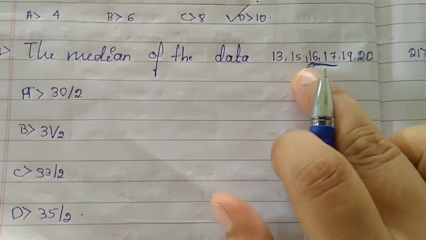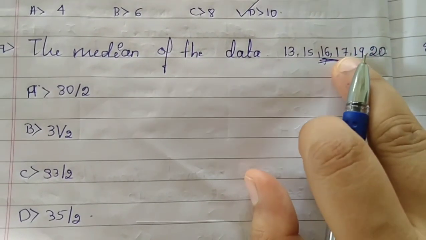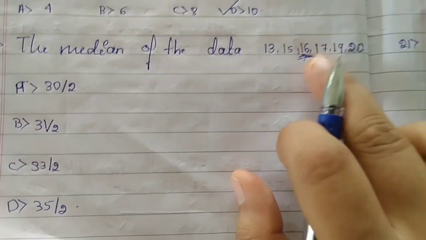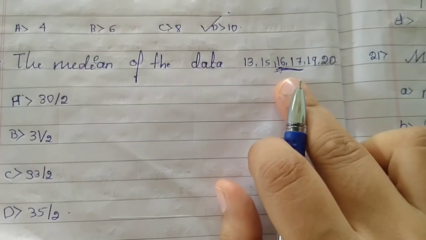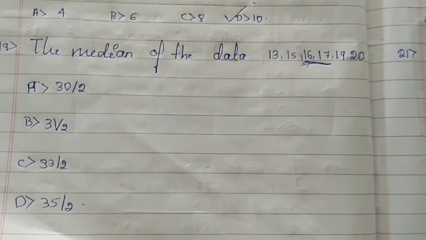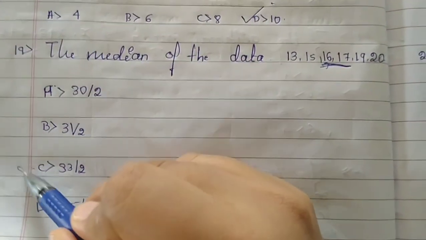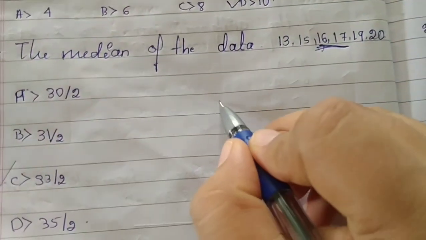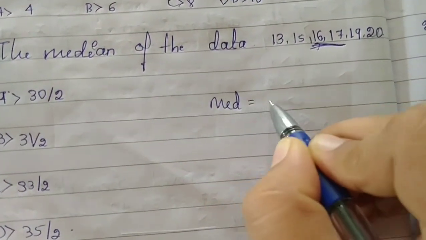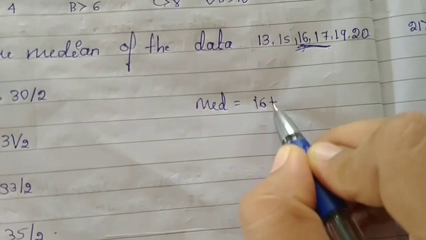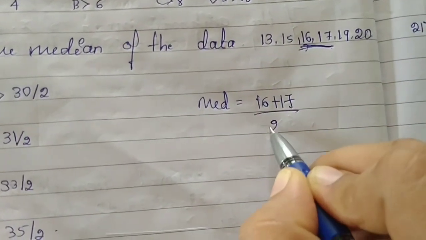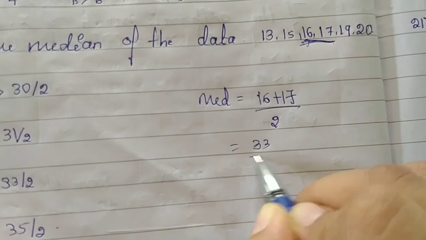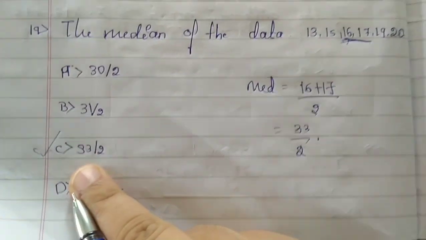When you add up 16 and 17, you get 33. So 33 divided by 2 is the correct option. So C is the correct option. The median formula I used here is the middle two terms divided by 2, that is 33 by 2. Now let us see the next question.